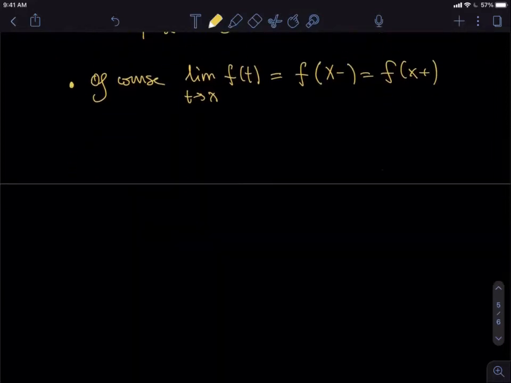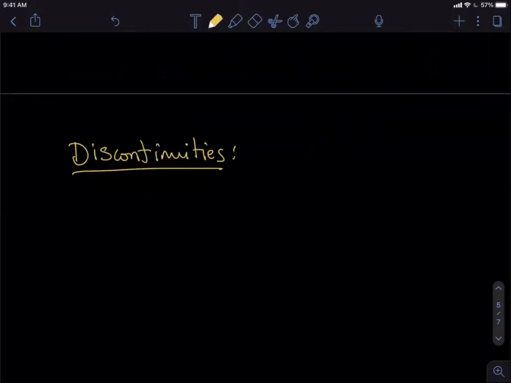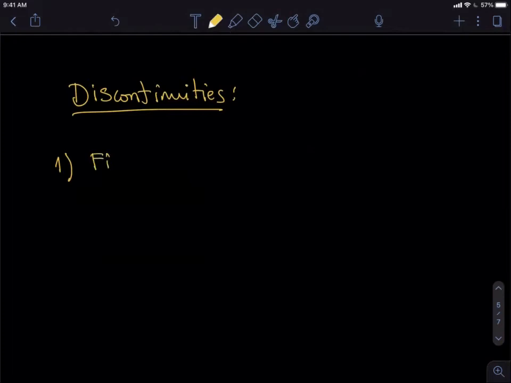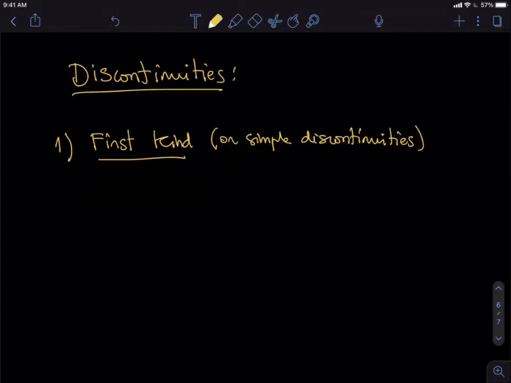Now, once we have this notation, we can classify the discontinuities. There are two types. The first are the discontinuities of the first kind, or simple discontinuities, and then we have the second kind.